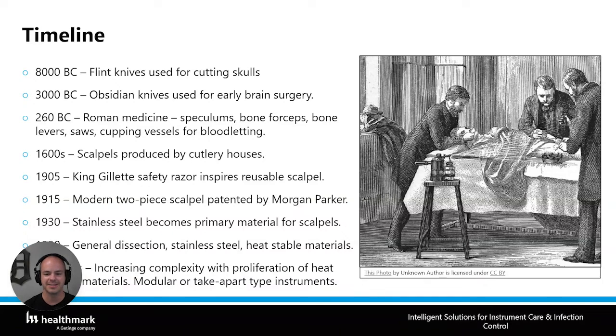You might recognize the name there in 1905: Gillette safety razor inspires a reusable scalpel. And then in 1915, you start to see modern two-piece scalpels patented by Morgan Parker. Then stainless steel becomes the primary material for scalpels, and other surgical instruments as well.